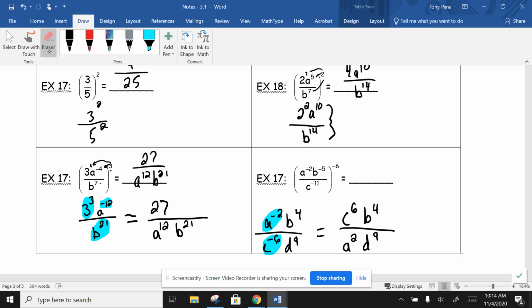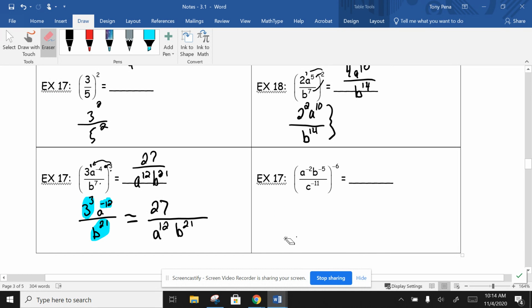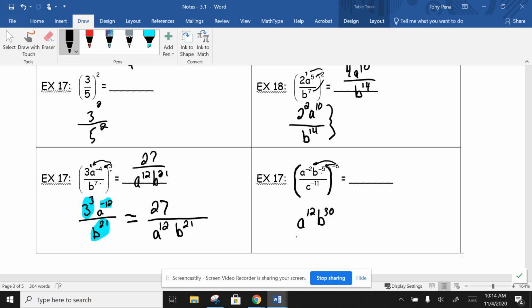Yep. All right, so now last one, and then we'll just start cranking out a bunch of these, and we'll get some practice at it. Same idea. This whole thing is raised to the negative 6. So if I have a power on all of them raised to the power, this is a product. So I'm going to do a to the 12th. And then the negative 6 and the negative 5 should give me b to the 30th, all divided by, and then the negative 6 and the negative 11 should give me a positive 66.